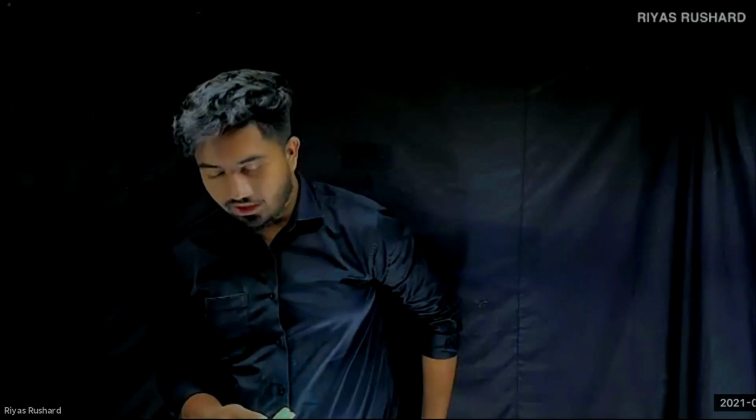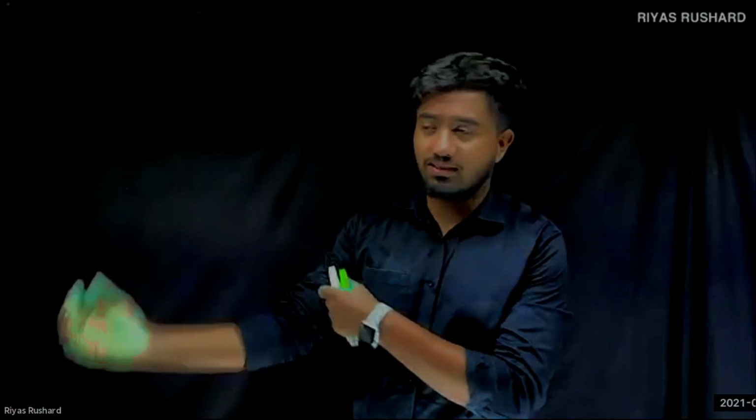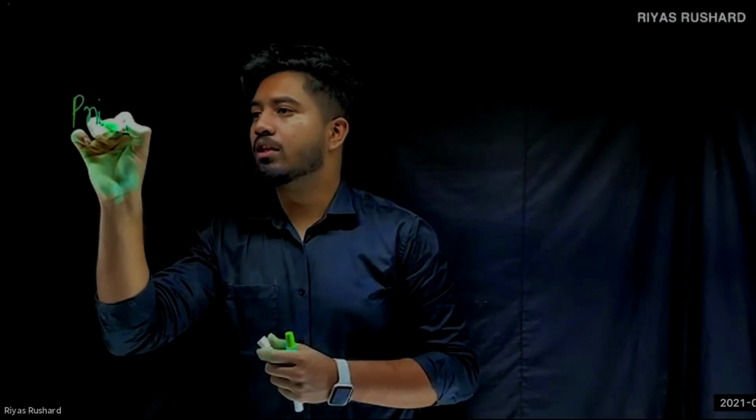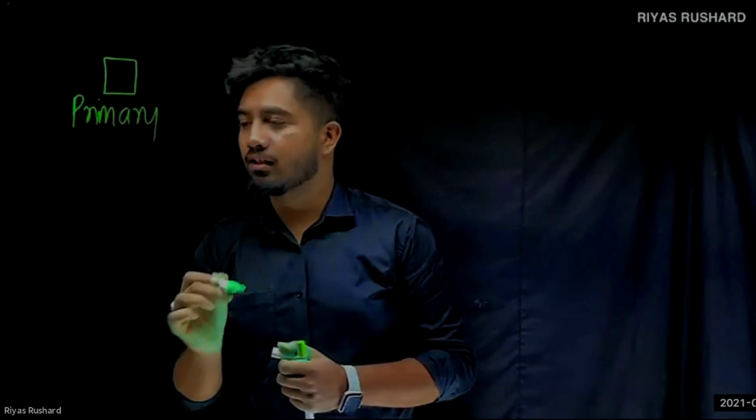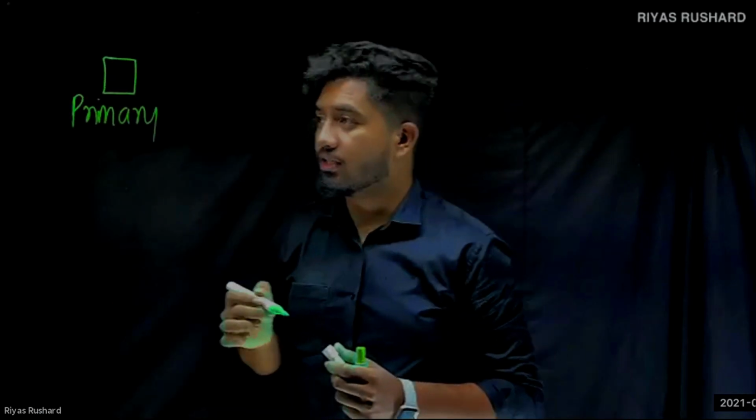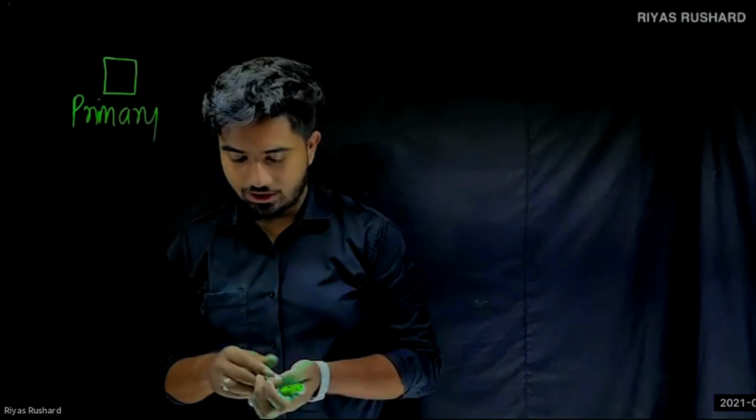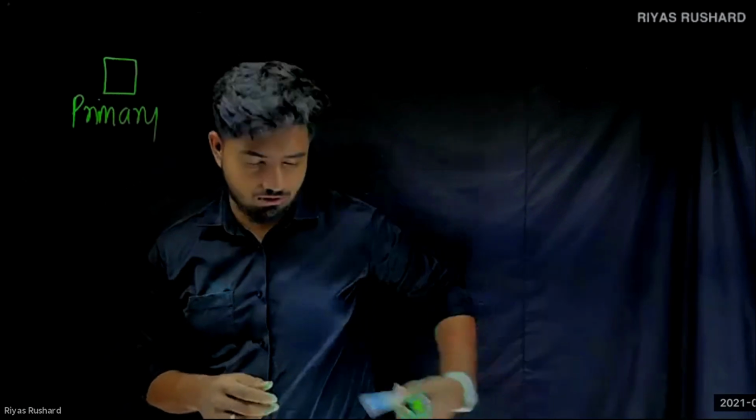So how this Venn diagram is going to be: we have a set of keys, and on the side are the boxes. The first one is the primary key. The second is the foreign key.